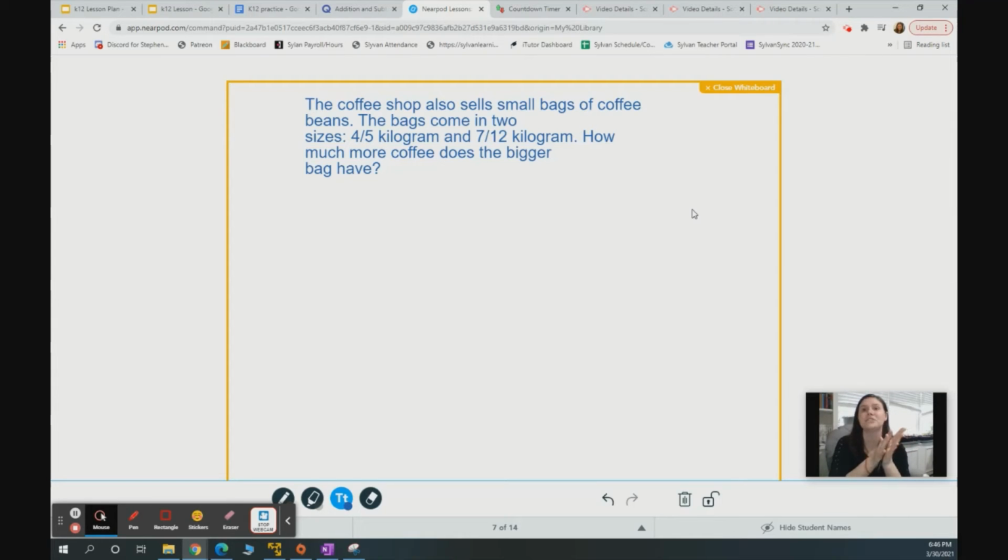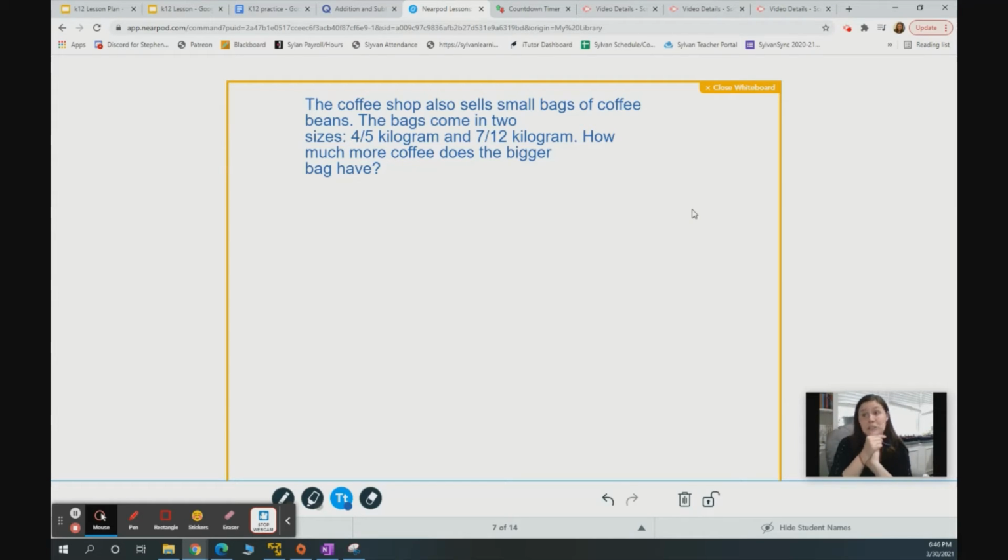So it says the coffee shop also sells small bags of coffee beans. The bags come in two sizes, 4/5 kilogram and 7/12 kilogram. How much more coffee does the bigger bag have? All right, so we have to start with, they have two sizes.